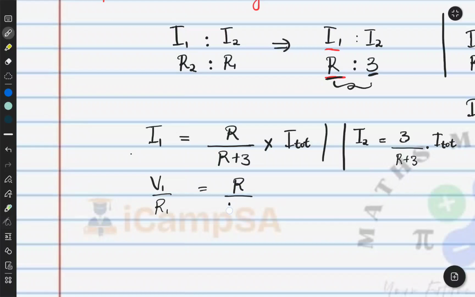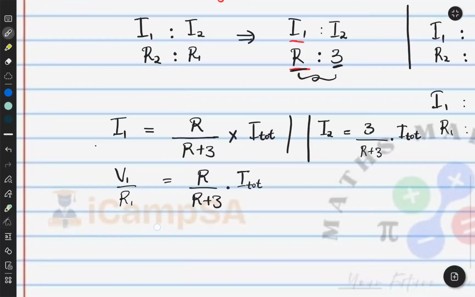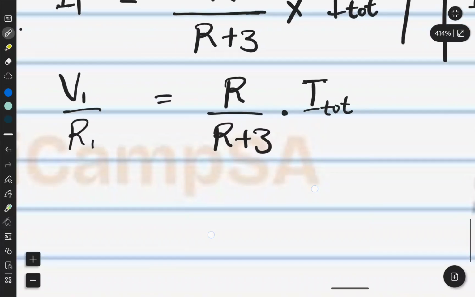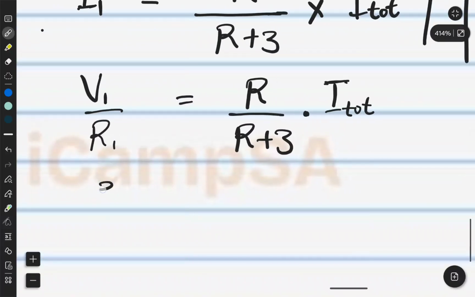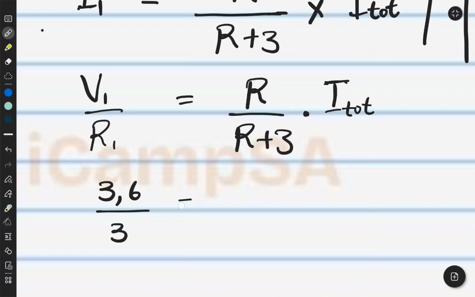We have R over R plus 3. I'll substitute once I'm done expressing it. That's the I tot, right? So now we can substitute. What's our V1? We said it is 3.6. What's our R1? We said it is 3. Here we don't know. We are trying to solve for R. Then it's R plus 3. What's our I tot? It's simply 2.2, right?